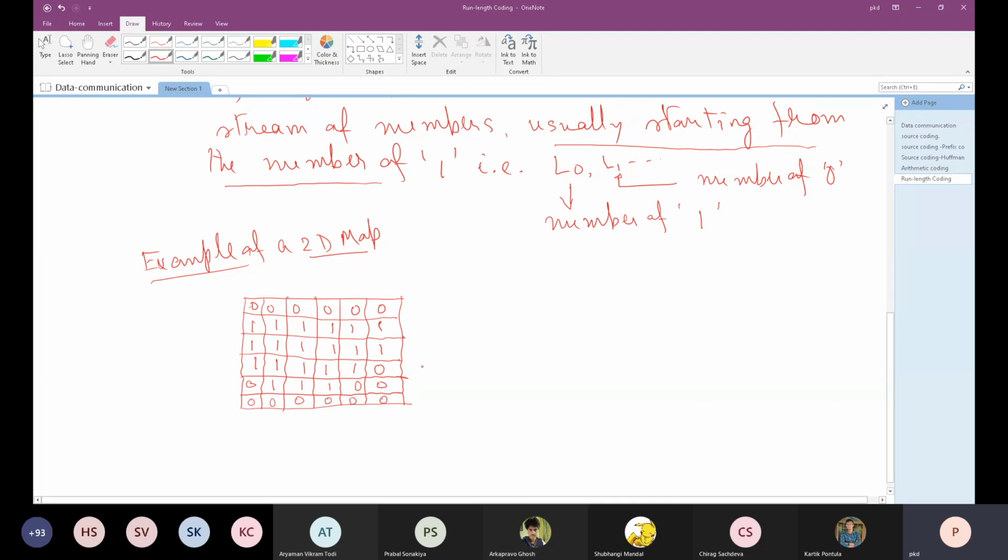So now this can be scanned either row-wise or column-wise. Row-wise scan will produce the first, 0, that is the symbol, and the number, that is 6.